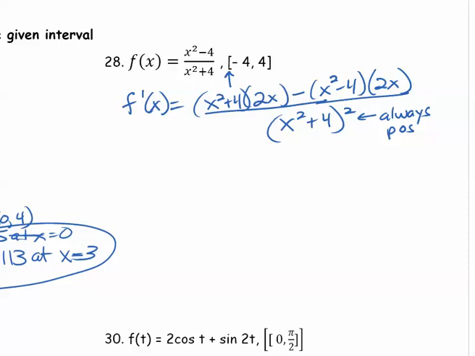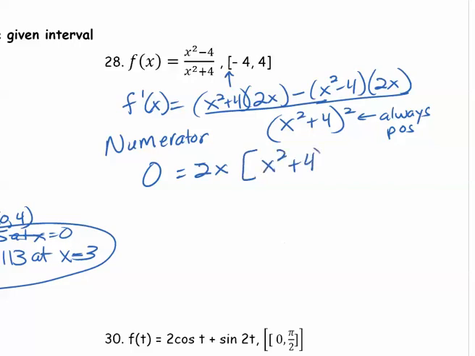So we just have to set the numerator equal to 0 to look for critical numbers. If we set the numerator to 0, we would bring out the 2x in the numerator, and we'd have x squared plus 4 minus x squared minus 4. So the x squareds are going to cancel there. So we would have a 2x, and then we would have an 8.